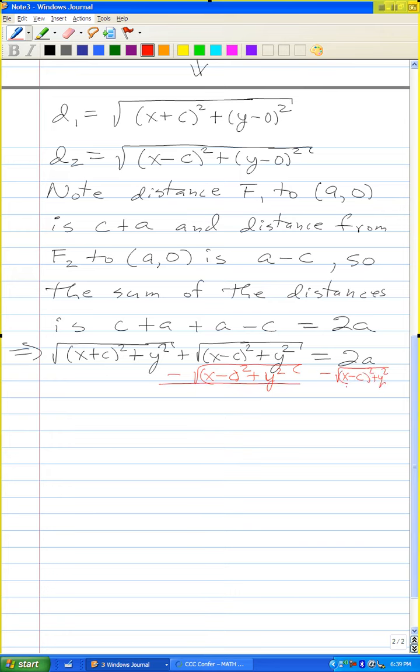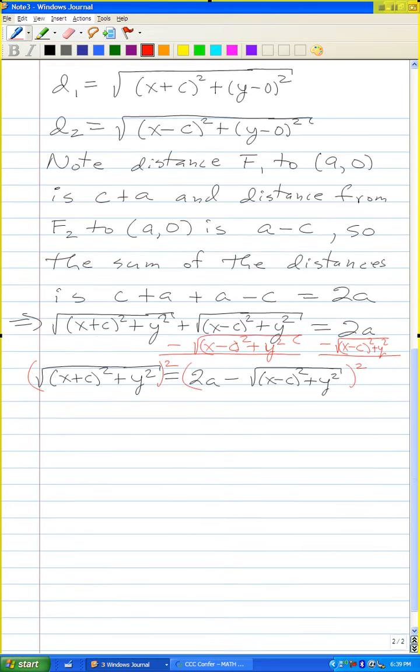If I do that, I get the square root of (x plus c) squared plus y squared is equal to 2a minus the radical of (x minus c) squared plus y squared. So now let's try to solve this radical equation. Let me square both sides of my equation. The square gets rid of the square root.